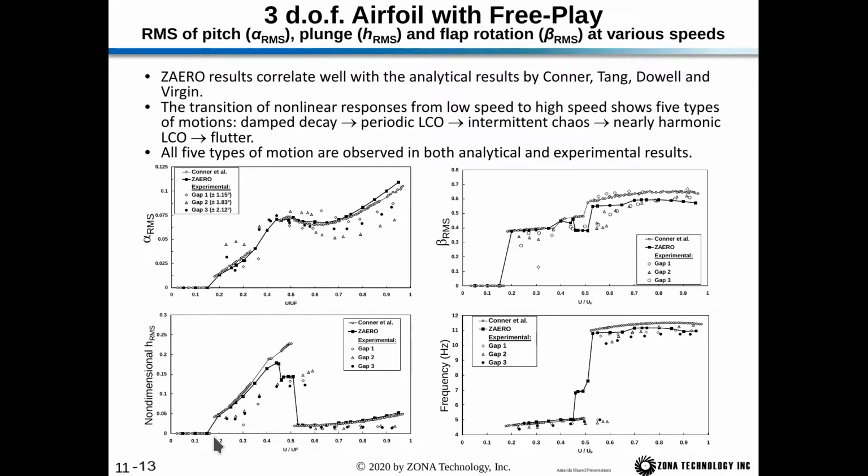You can see that all 3 regions and the transition points between the regions match pretty well between ZAERO and the experimental data. It's interesting to note that when we go from the periodic LCO through the intermittent chaos and then to the nearly harmonic LCO, the dominant frequency changes, and we've matched that pretty well with ZAERO.